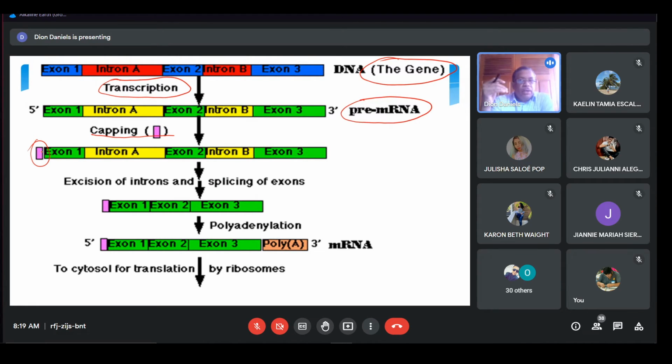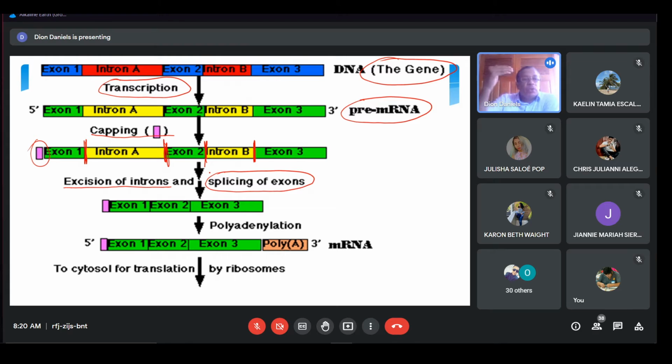The next step in RNA processing is excision of introns. Excision means cut, right? So you actually cut these introns right here, here, here, and here. So these portions are excised. And splicing of exons. Remember what splicing means? To join. So take note of what happened there.